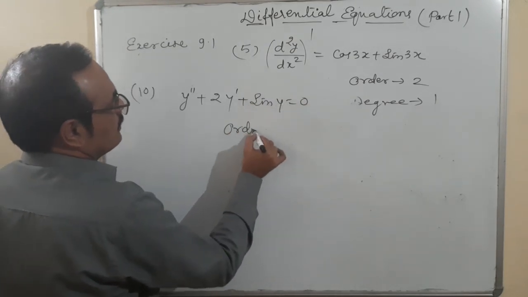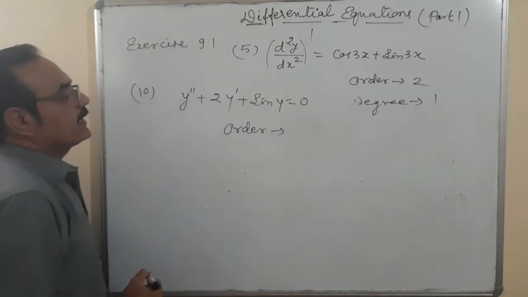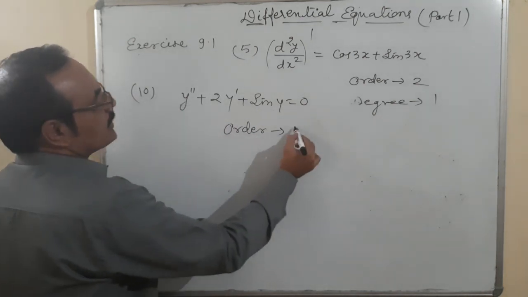What is the order of it? Second derivative is the maximum here, so order is 2.